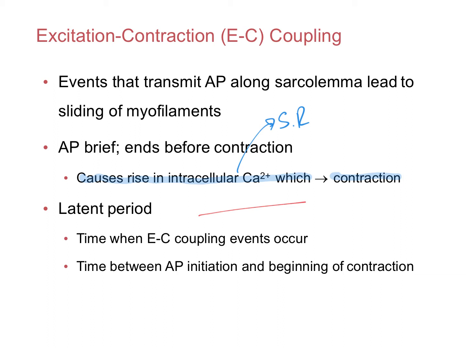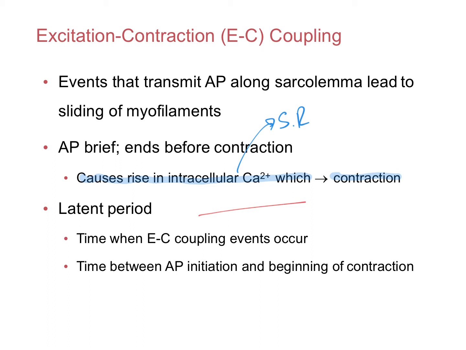There's a short period of time that is called the latent period. During that time, another action potential can't come down the sarcolemma and do anything more. The muscle in this case is kind of non-responsive. So the latent period is the time between an action potential or a stimulus and contraction beginning.